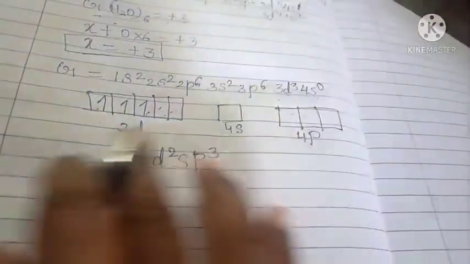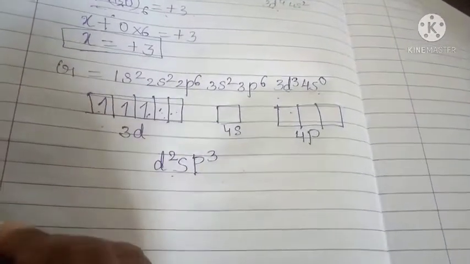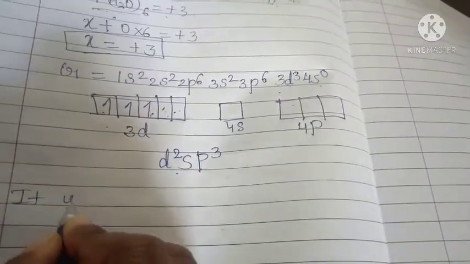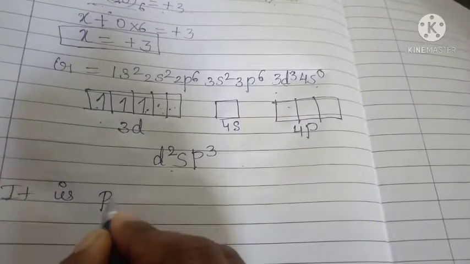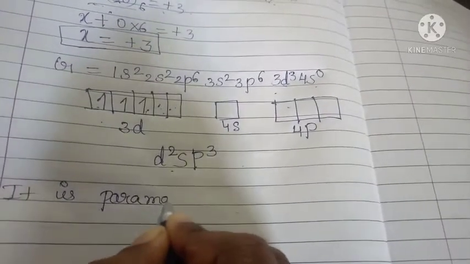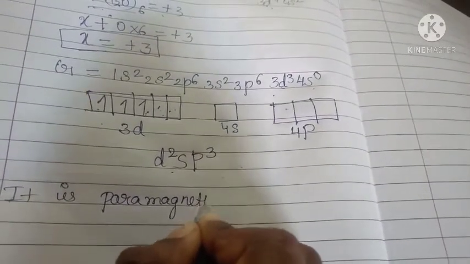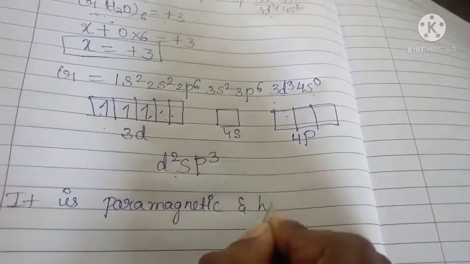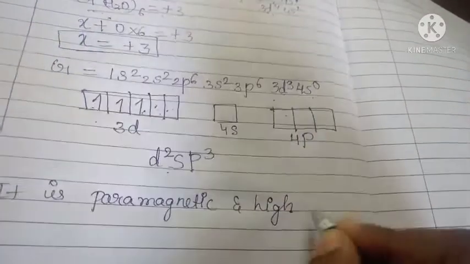Here the unpaired electrons are present, so it is paramagnetic and a high spin complex.